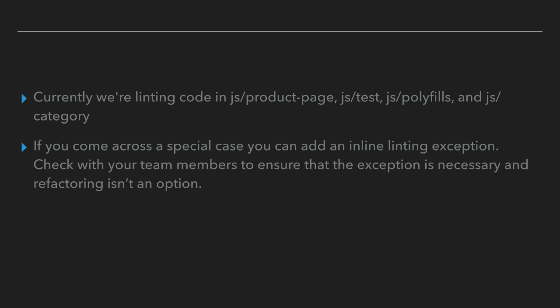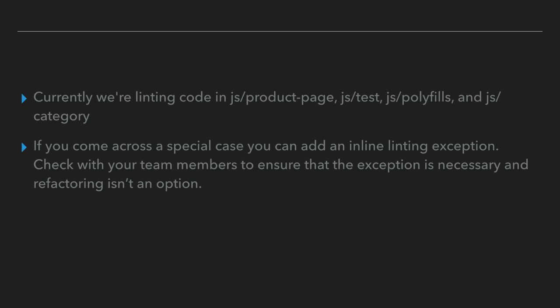Currently, we're linting page and passing linting in product page, test, polyfills, and categories. If you have a special case, obviously there are always special cases where maybe the linting rule doesn't agree, but it's the only right way to do it, or you have to jump through hoops to get it to pass the linter. It's only static analysis. It can only do so much.